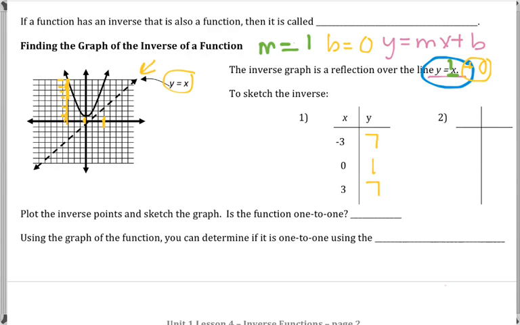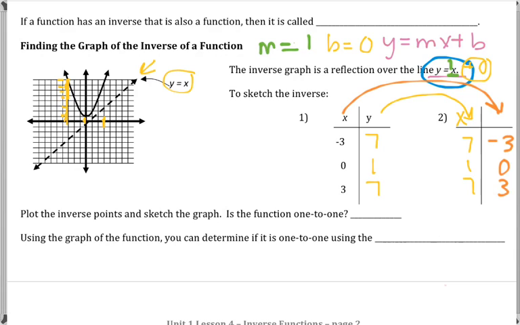To get our inverse, we're going to take all of these y's and put them in our new x column. So 7, 1, and 7. And we're going to take all of these x's and put them in the new y column. So -3, 0, and +3. And then we're going to graph those. So I graph 7, -3, 1, 0, and 7, 3.